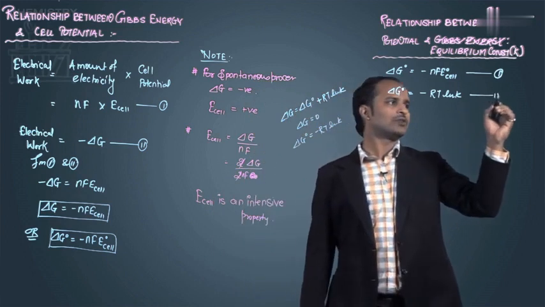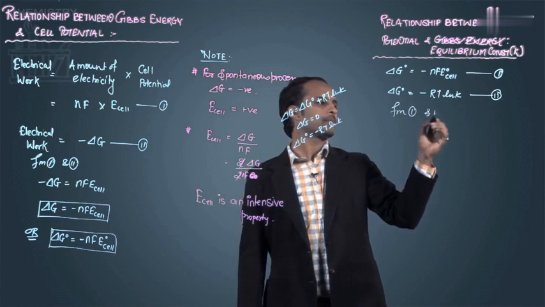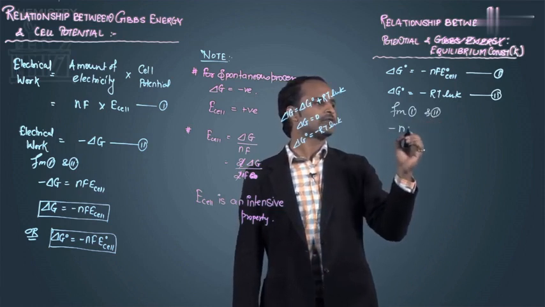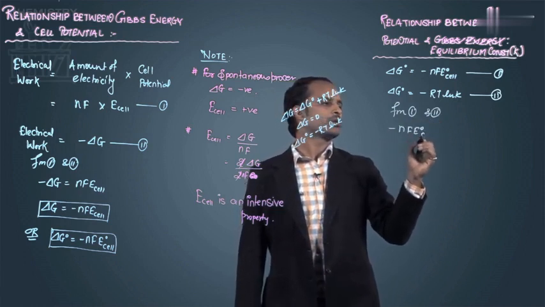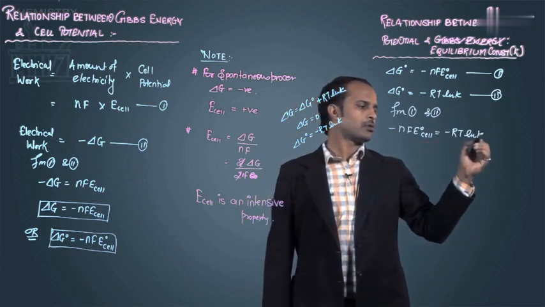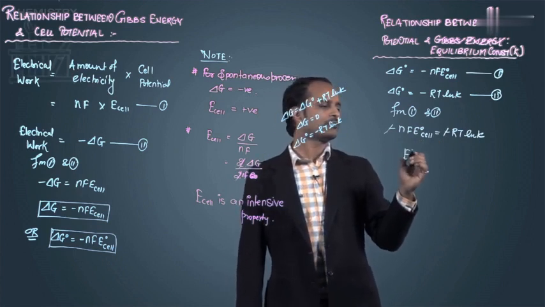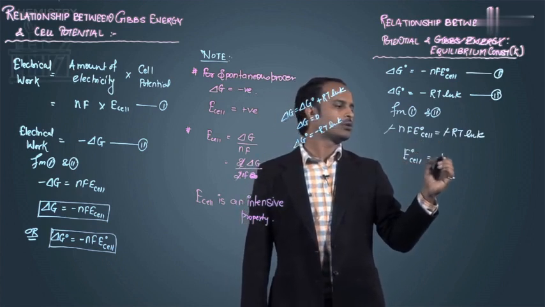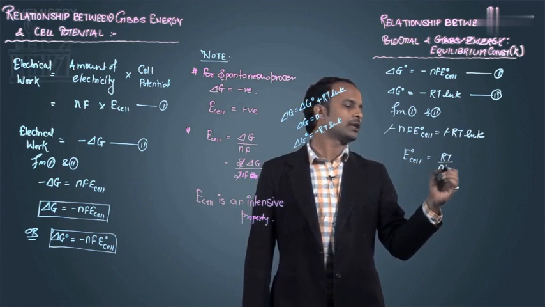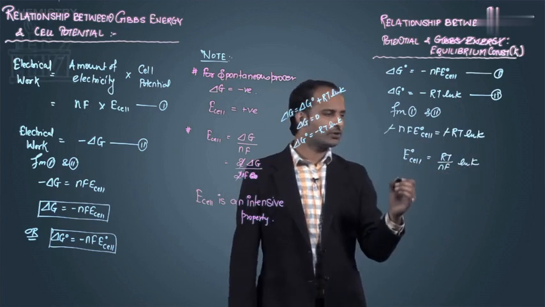So we are using the same relation here. Since both are values of the delta G naught, from both equations I can say that minus nF E naught cell is equal to minus RT ln K. Minus cancels, so finally we will have E naught cell is equal to RT upon nF ln K, where K is the equilibrium constant.